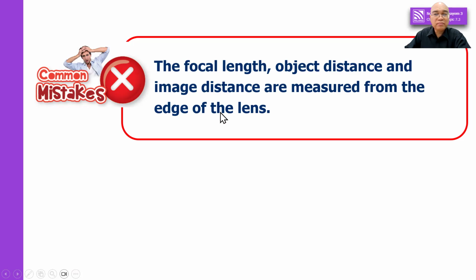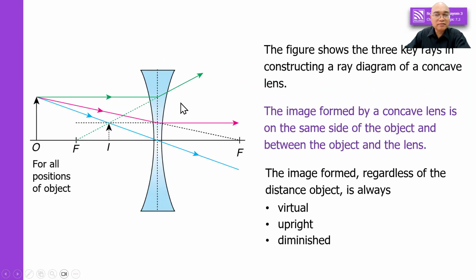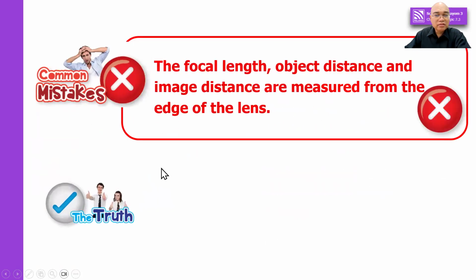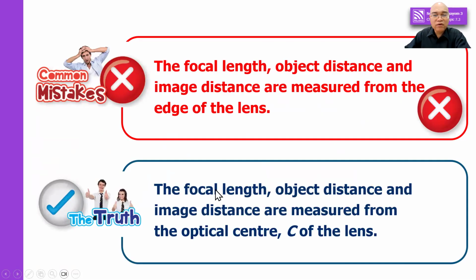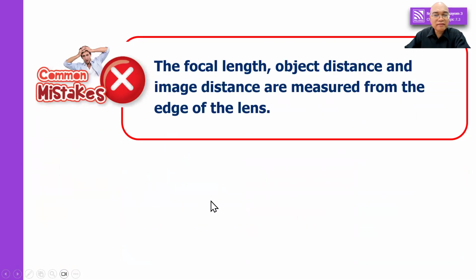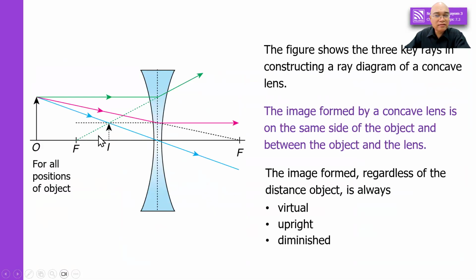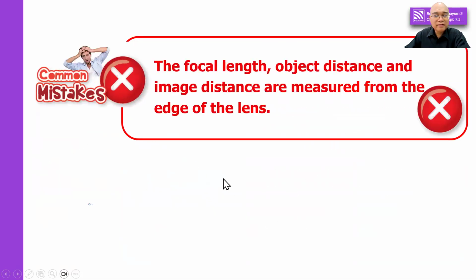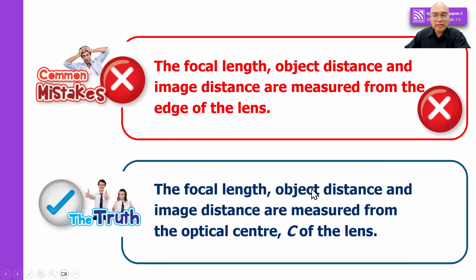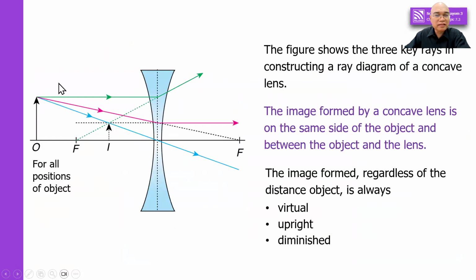are measured from the edge of the lens, remember? So, this is a common mistake. This is the edge of the lens, the focal point, remember? So, the truth is that the focal length, all right? Object distance, this is object distance right here.